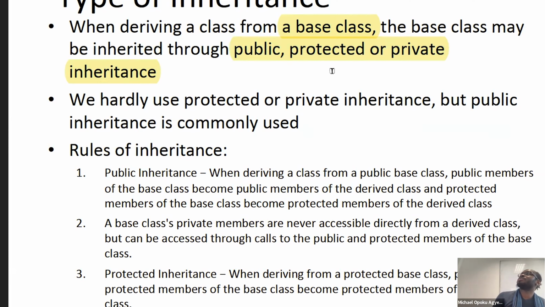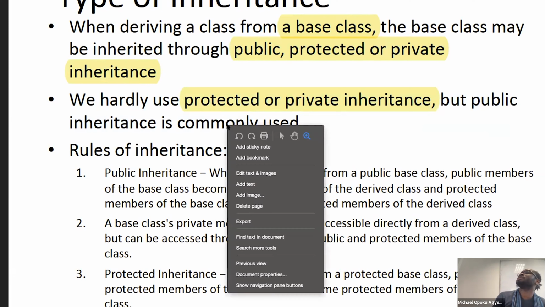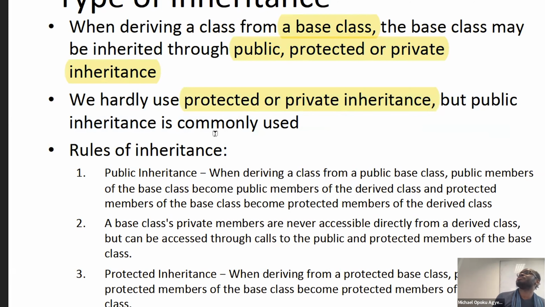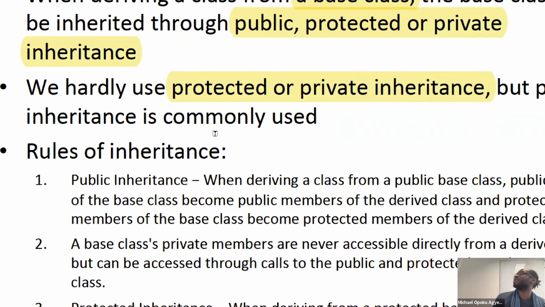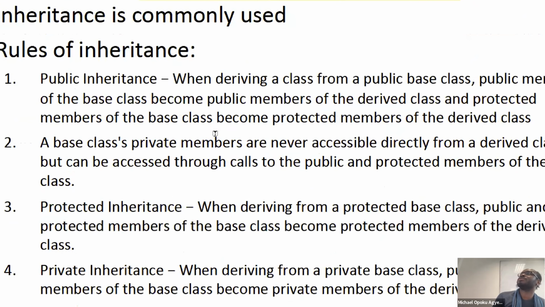We hardly use the private or protected inheritance, but the public one is common, depends. But again, we just need to know how these work so you can decide later on when you're writing your fancy codes.